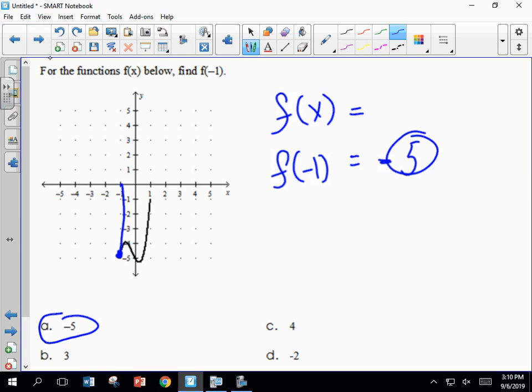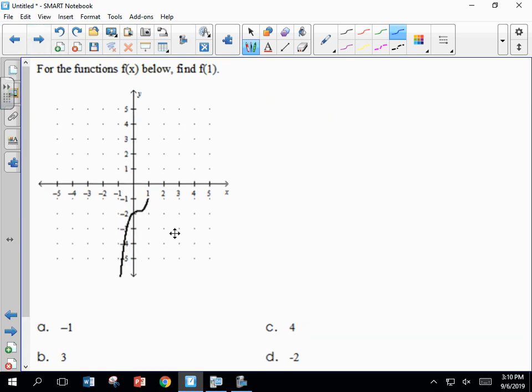All right, let's do one more. So my function, what I'm trying to find is f of 1. Can you show me what you think f of 1 equals?